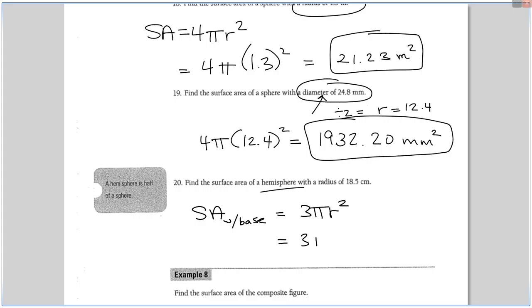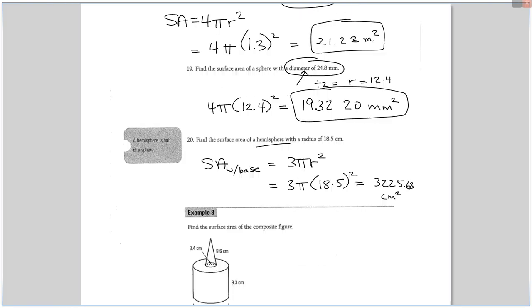So 3 pi radius 18.5, and get the answer for that and you're good to go. Got it? What is it? And that'll be centimeters square. Okay, you guys got that answer?